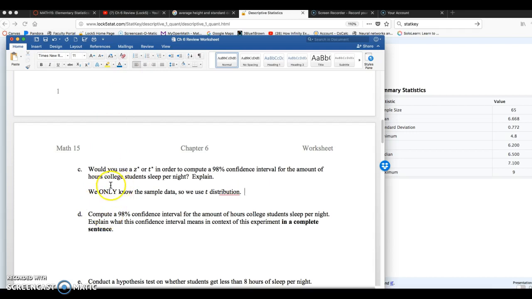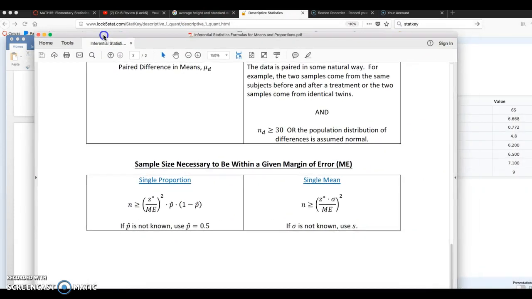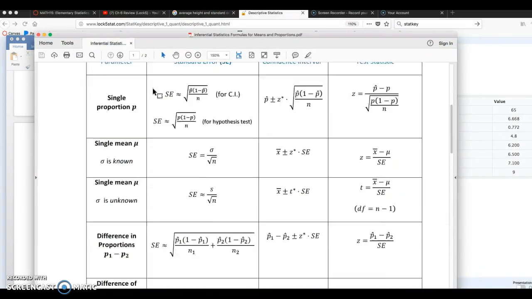We only know the sample data, and we are looking at a mean. If we're looking at a mean or average, and we only know sample data, that's when we use the T distribution.